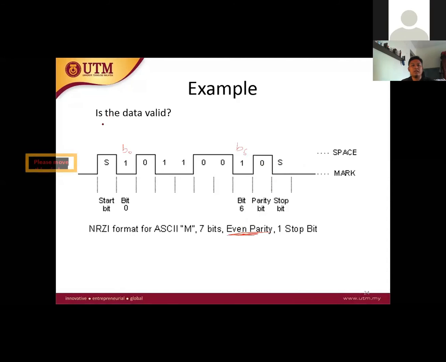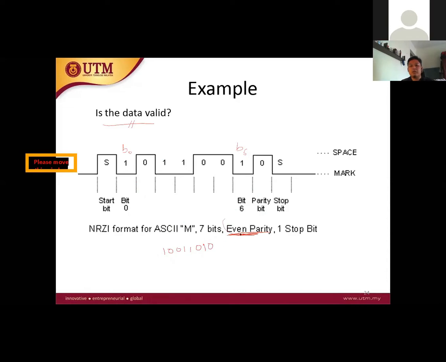So the question is, is the data valid? Let us first figure out the data value. The data value will be 1, 0, 1, 1, 0, 0, 1. So this is the bit stream, and the parity bit value is 0.